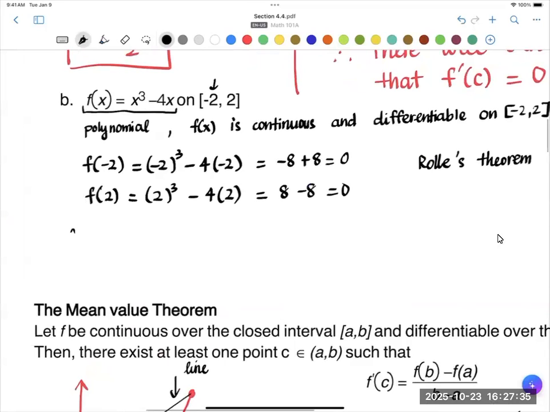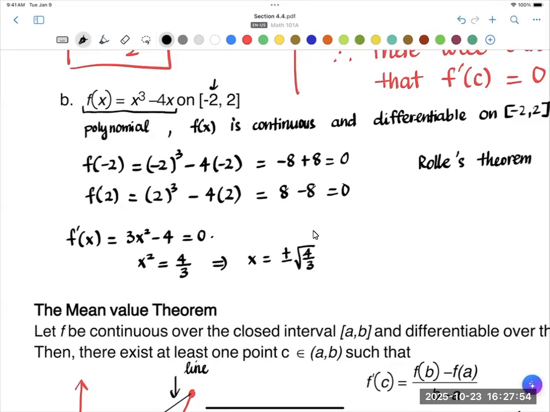So we're gonna do f prime of x, which will be 3x squared minus 4. Okay, set that equal to 0. We have x squared equal 4 over 3. And then we take the square root on both sides. We have plus and minus square root of 4 over 3. So this is going to be the C value that is between -2 and 2.